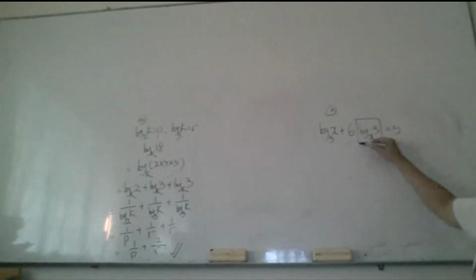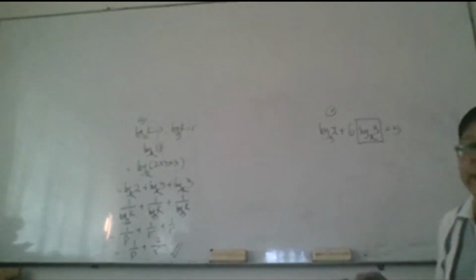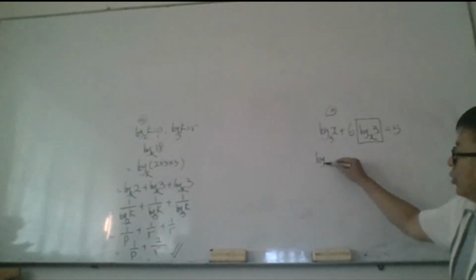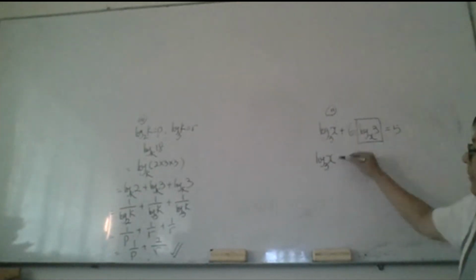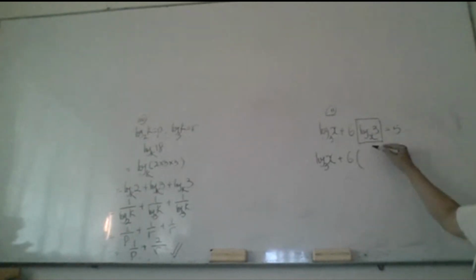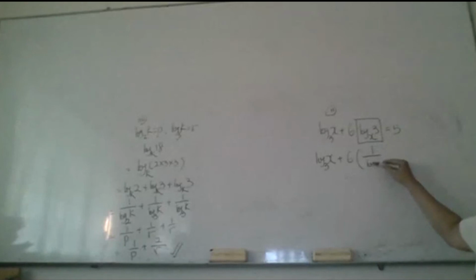So now I make one decision: I'm going to change this, and log 3 x I'm going to remain. For this one, I will use 1 over log 3 x, equals 5. See that?